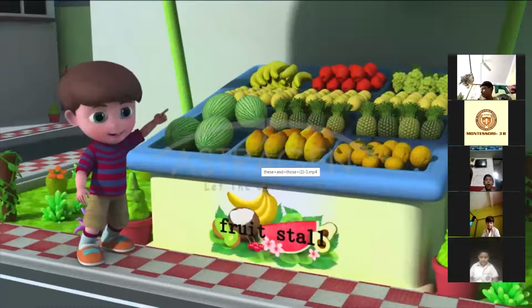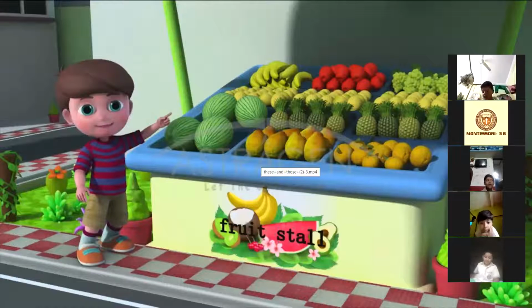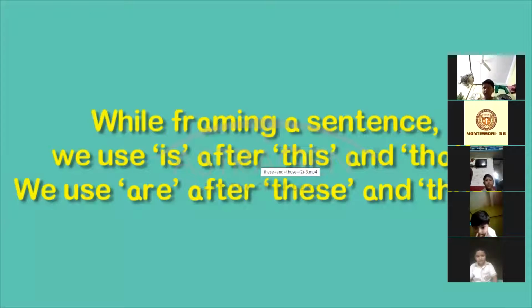Those are pineapples. While framing a sentence, we use is after this and that. We use are after these and those.